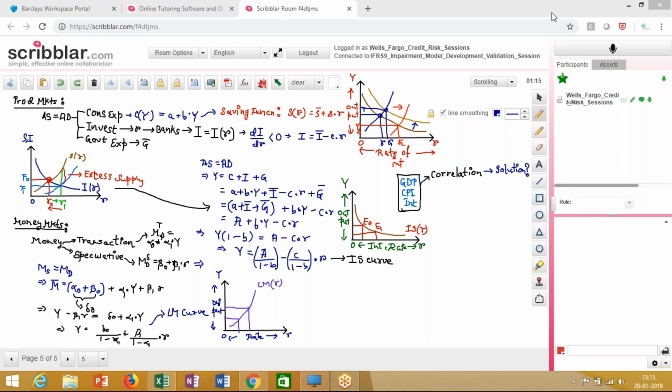The first and the most basic challenge that you will face when you are trying to make a forward-looking, point in time, next 12 months PD model is that you are trying to put two sets of variables together. One set is your time series variables, which are your macroeconomic variables.